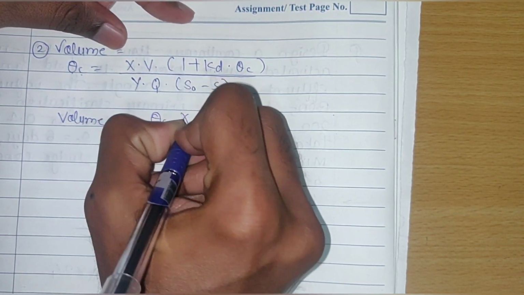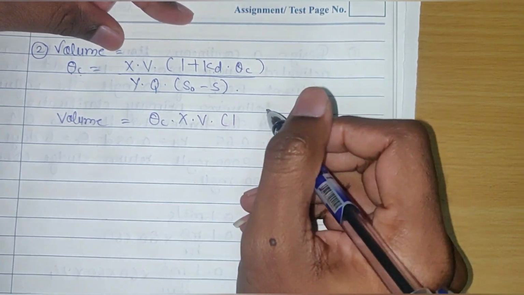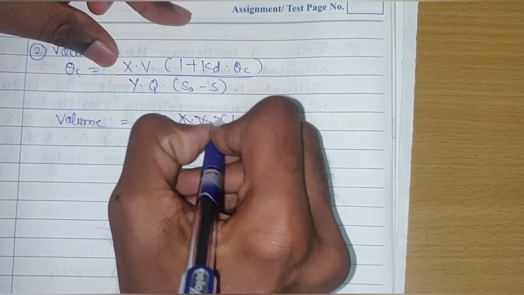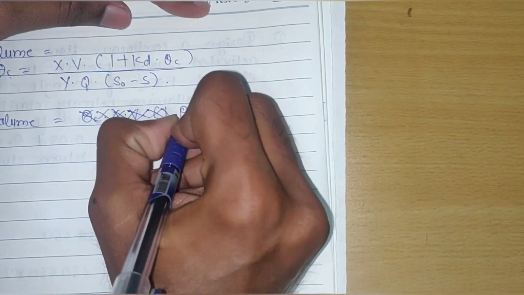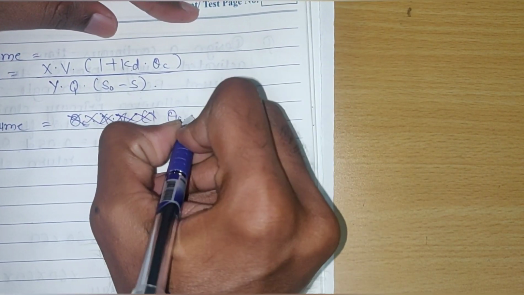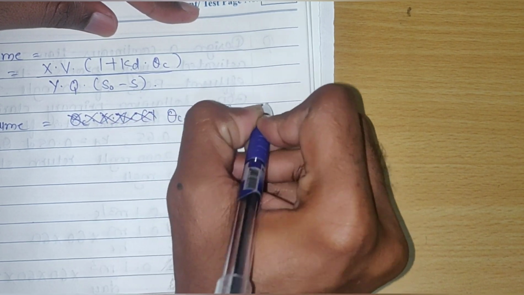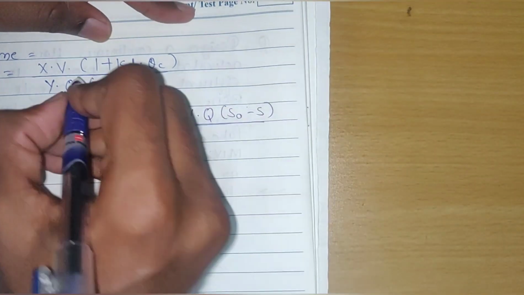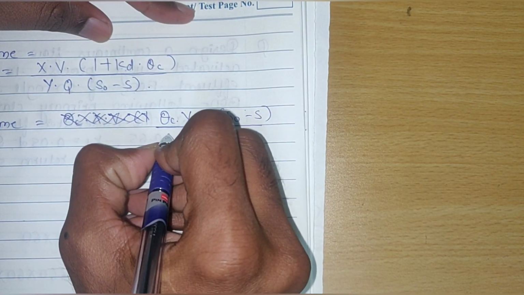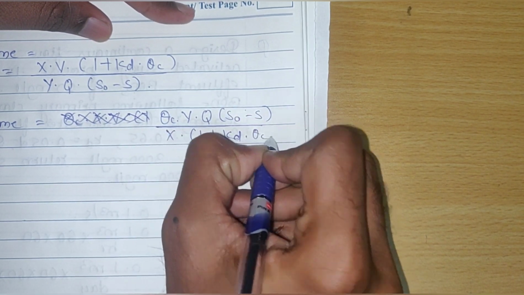Theta c into x into v into theta c into y into q into S naught minus S upon x into 1 plus kd theta c.